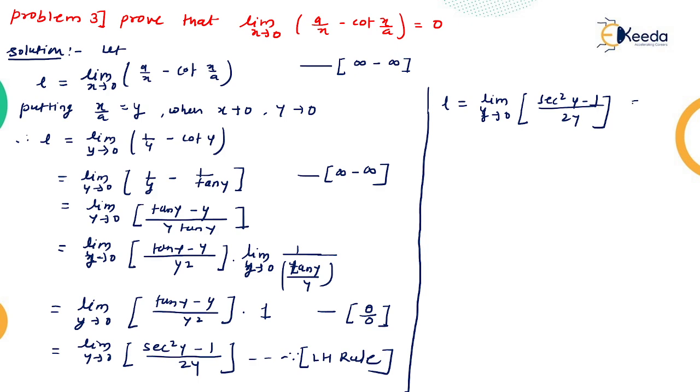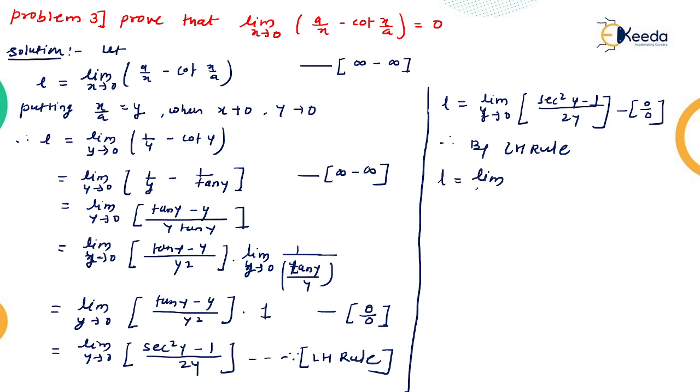So it will take 0 by 0 form again. So by L'Hospital rule, we have to keep applying the rule until we do not get the form 0 by 0 or infinity by infinity. Here step by step we are getting 0 by 0 form, that's why we have to use the L'Hospital rule again and again.